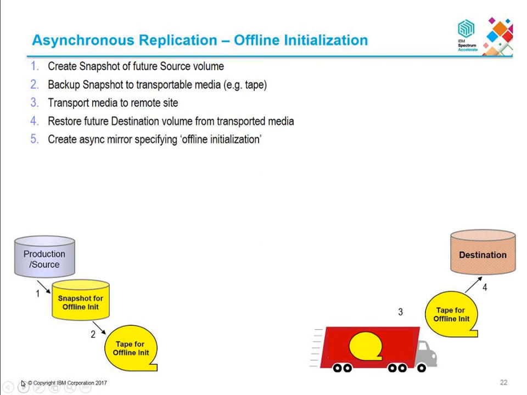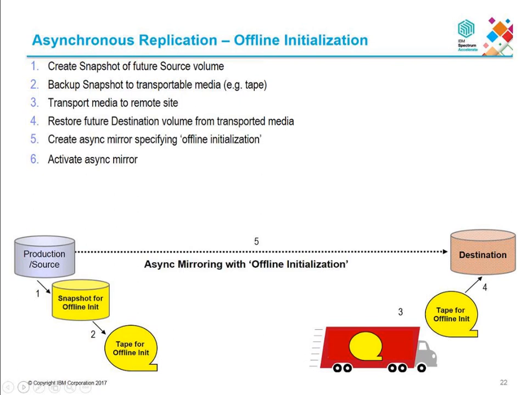And you don't want to take too long to do this, because depending on the write activity on that primary, it may be very, very different and I'm not saving a lot if I take too long to do the restore on the destination side and then do the offline init. And I'm going to activate the async mirror once I've done all these steps.